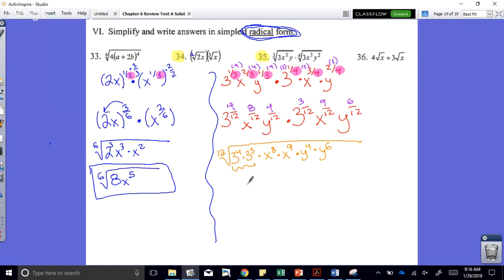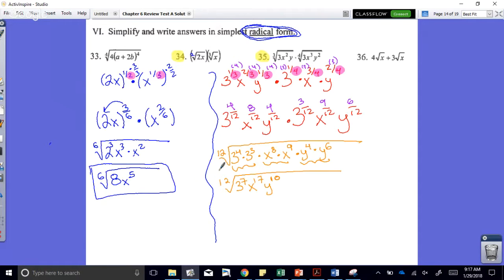Okay, so we can now combine. 3 to the 4th times 3 to the 3rd gives me 3 to the 7th. Then x to the 8th times x to the 9th is x to the 17th, and y to the 4th times y to the 6th is y to the 10th.